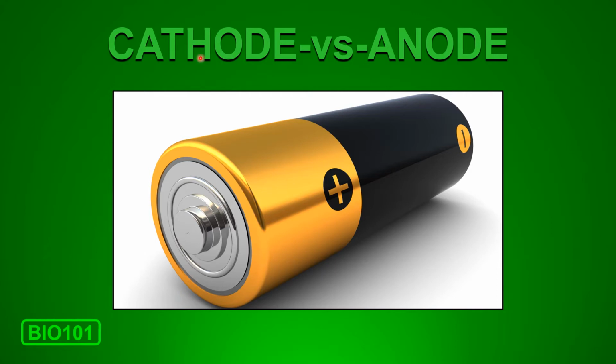That's the cation side, and the negative end of the battery is called the anode, or the anion side. I don't know if that image makes it clearer for you in your mind, but that's the way that works. So we have the cation side and the anion side, or the cathode and anode.